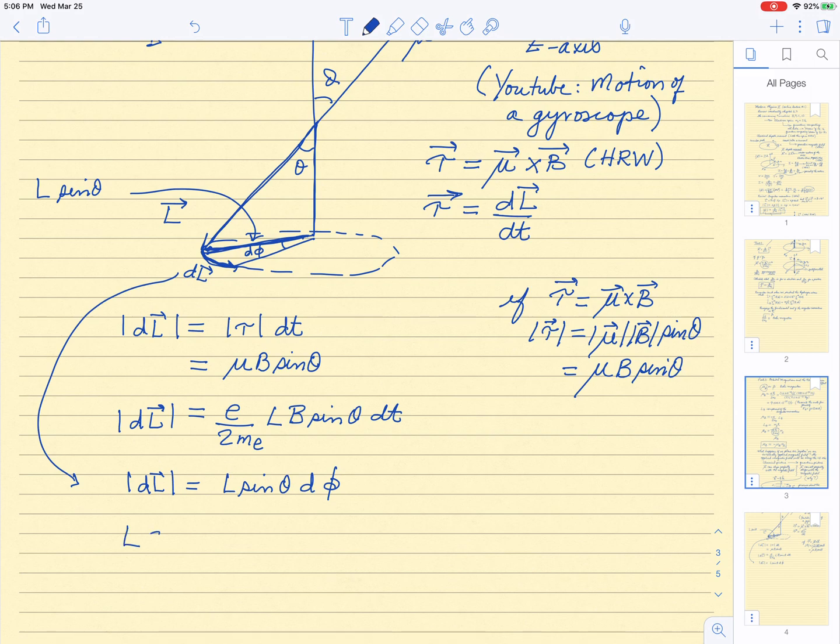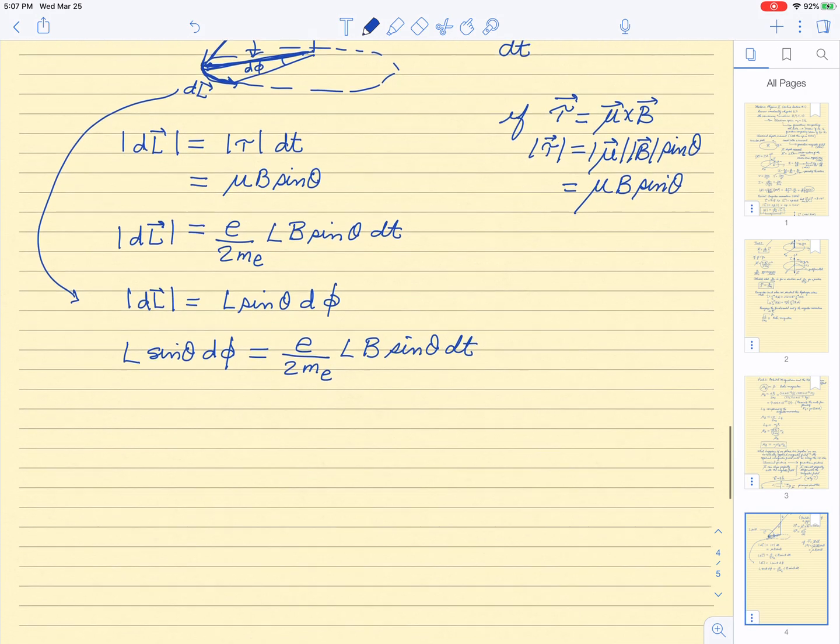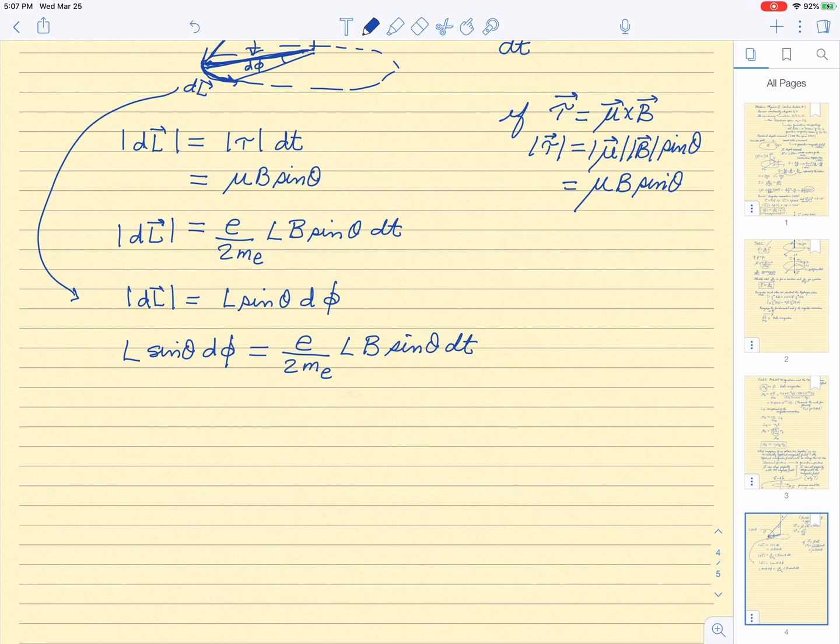We have L sine of theta d phi is going to be equal to e over 2 m_e, the gyromagnetic ratio, times L B sine of theta dt. And so we get some cancellation here.